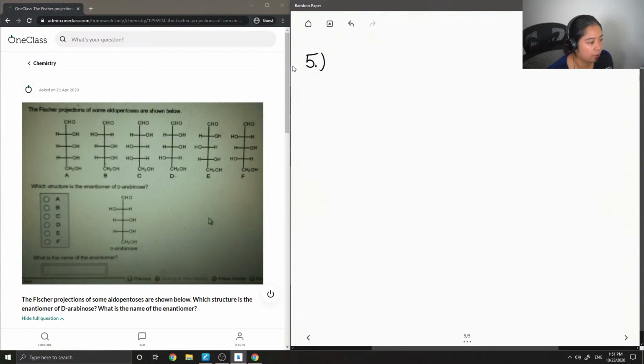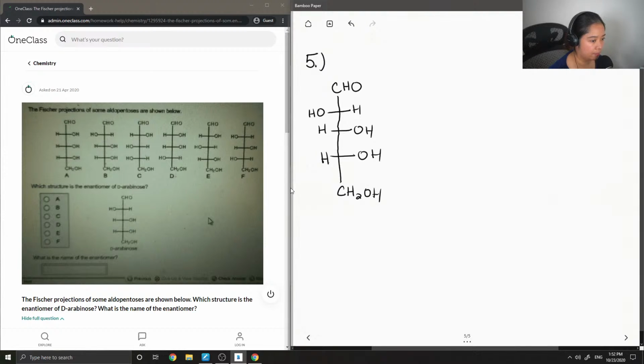So before I go through all of the different Fisher projections, first I'm just going to write down the D-arabinose. So they have an alcohol on the left, and then 2 alcohols on the right.